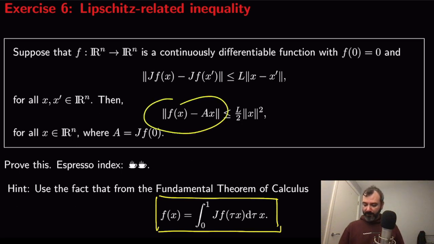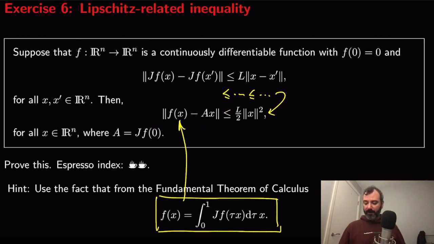Start from here, put f from this formula and gradually try to show that this is less than or equal, less than or equal, and so on, and try to show that this is less than or equal to L half times norm of x squared. But do use the hint and the problem will become easy to solve. So really take f and put it here.